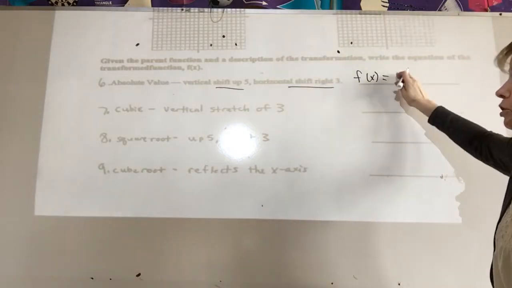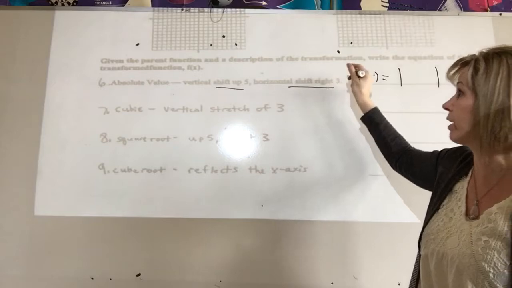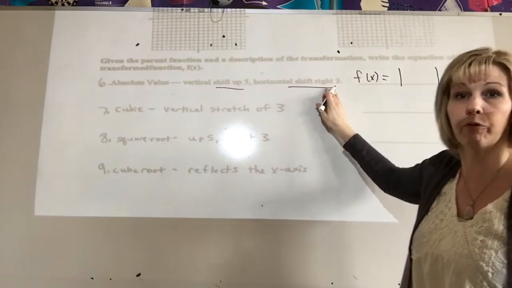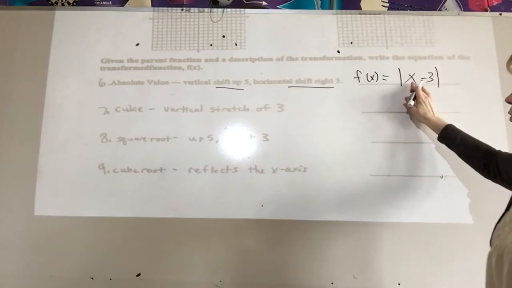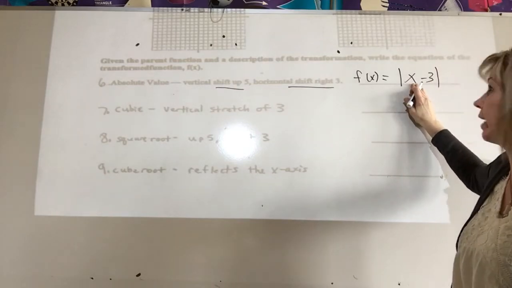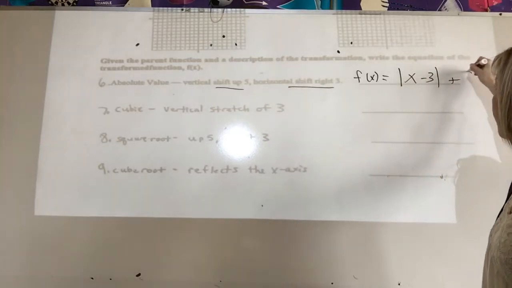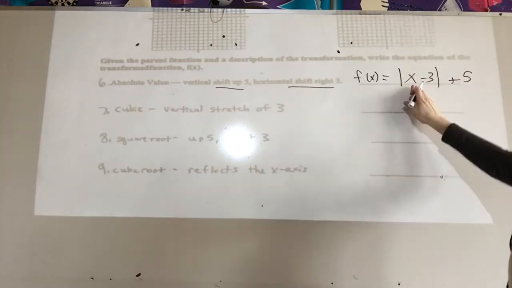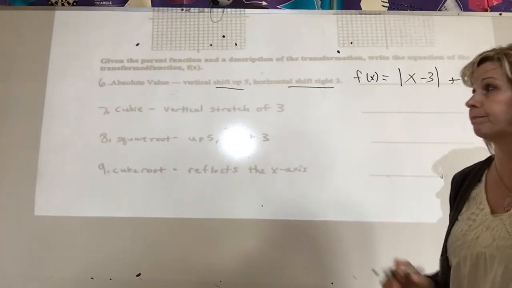So there's no stretch, but we need to put your absolute value symbols and look at the right 3. So for it to be the right 3, we need it to be the minus. So if we put 3 in for x, we get out 0, and then it's up 5. So we have the absolute value of x minus 3, and then plus 5.